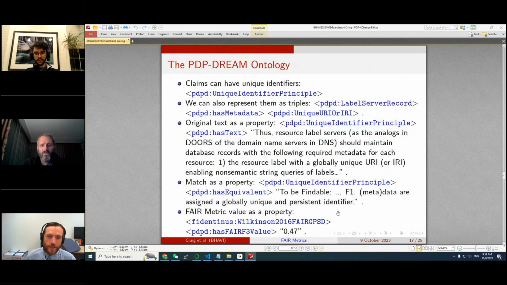Now, finally, the PDP dream ontology part. If you're phobic of XML tags, sorry to anyone who finds them visually off-putting, but in this case, they are important because being able to use the PDP-DREAM formal ontology lets us create computer-readable records of the analyses that our human reviewers are doing.